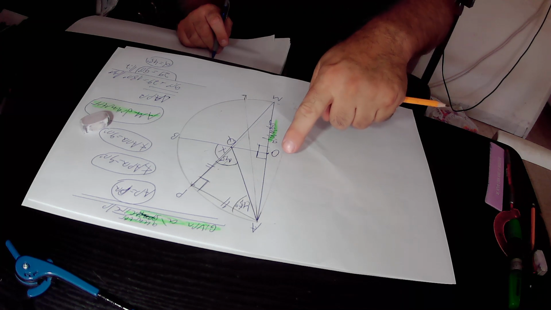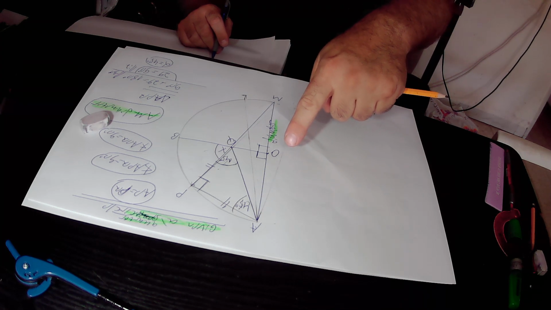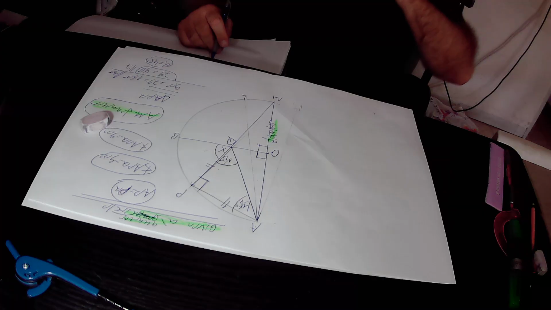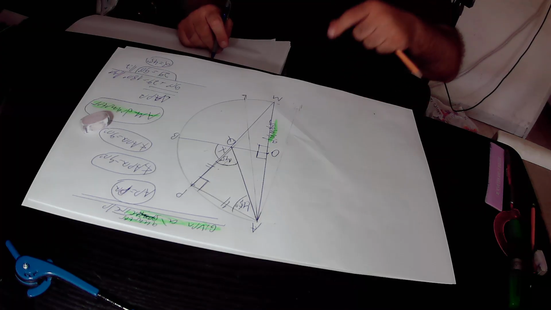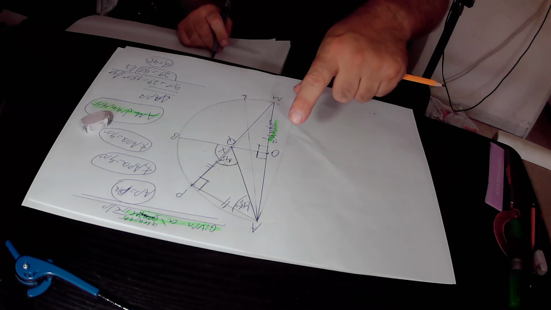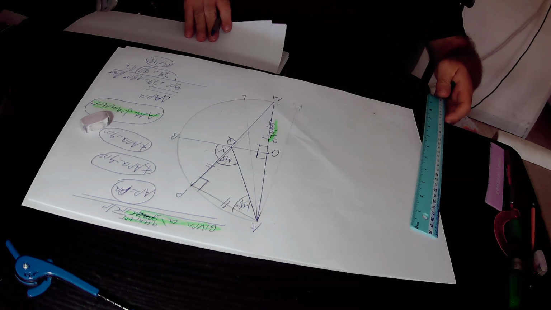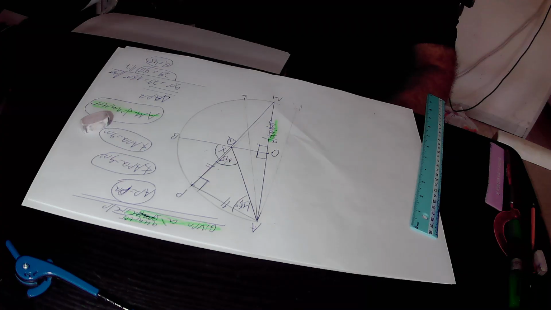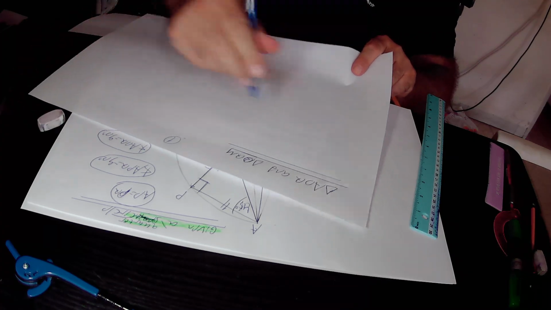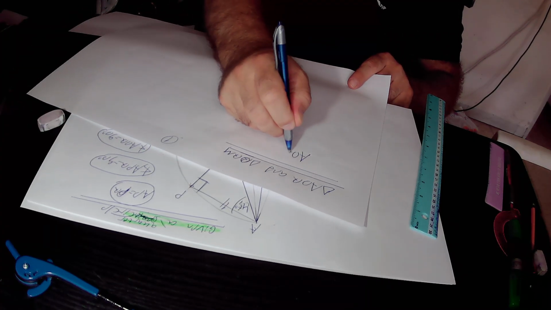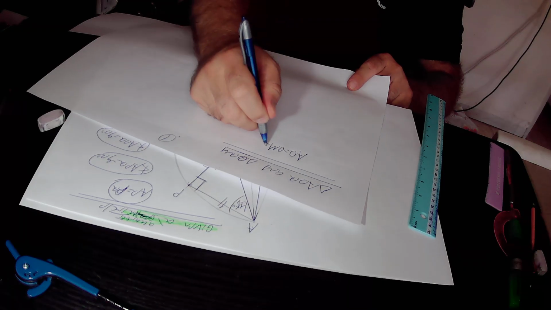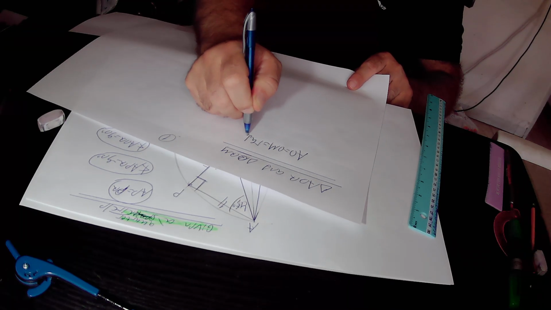First of all, side AO of the right triangle AOQ is equal to side OM of the right triangle OQM. Why? Because they are both the radius of the semicircle, therefore they are equal to each other. So AO equals OM, equals the radius of the semicircle.